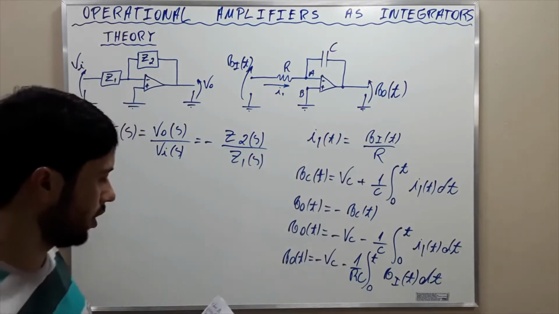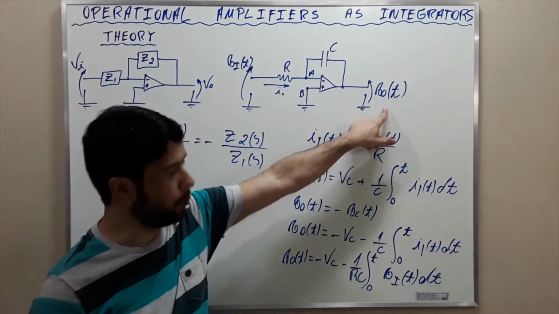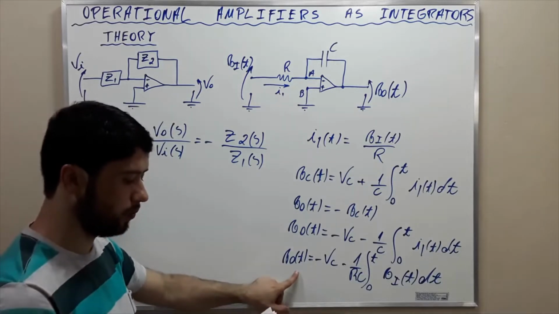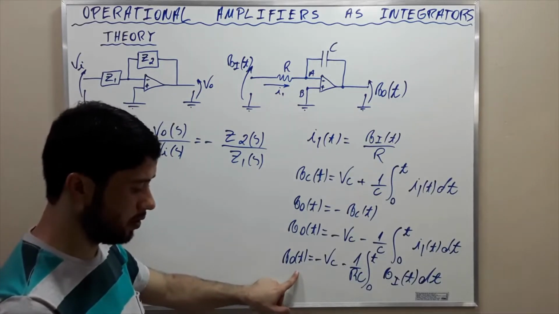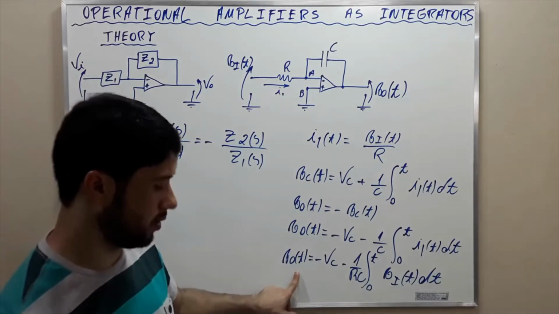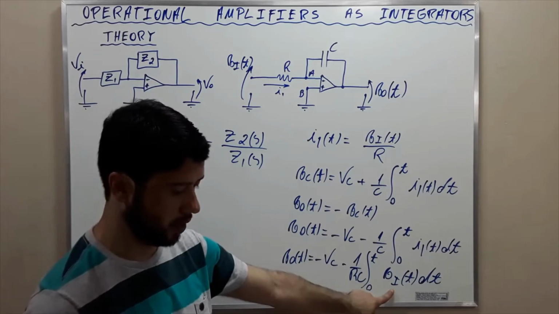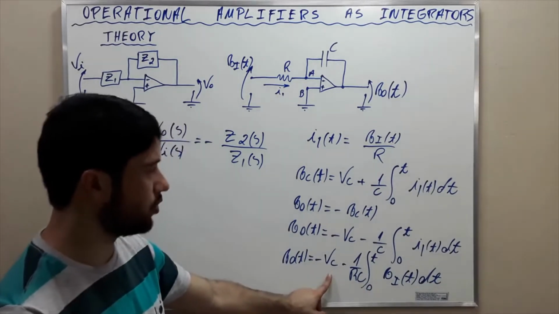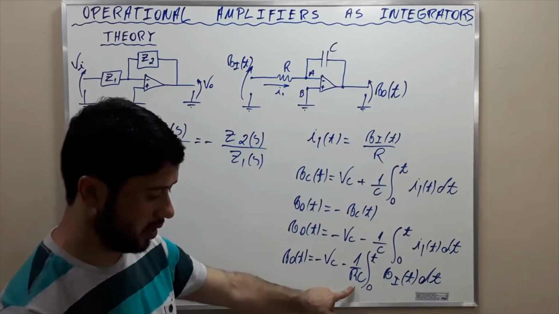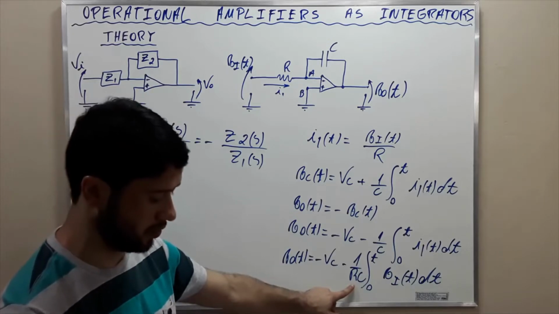This circuit provides an output voltage that is proportional to the time integral of the input voltage, with Vc being the initial condition of integration and RC the integrator time constant. This is the time constant of the circuit.